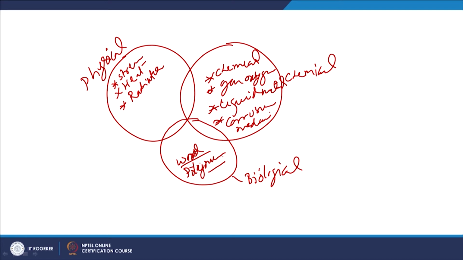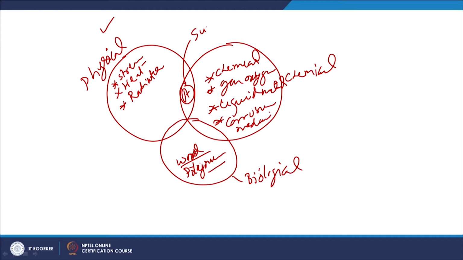If you want to see the common zone between the two, these are the types of mechanisms where both physical as well as chemical interactions lead to surface damage and eventually the failure of the material.